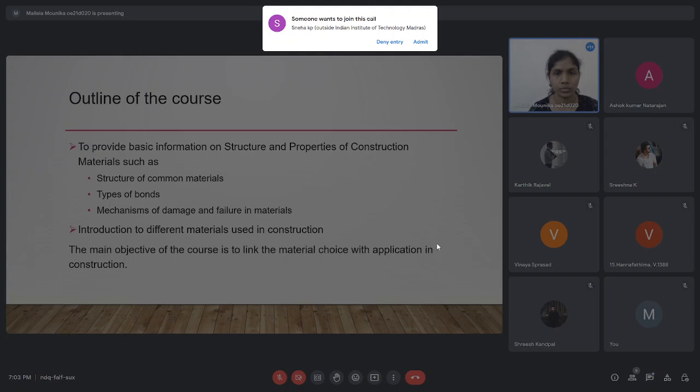So the structural properties of the construction materials basically pertain to what are all the types of bonds which are included in the structural properties, and what is the mechanism of damage and failure in the material. Suppose you take some concrete or steel or some other material, there will be some failure or damage mechanism which pertains to that particular material.